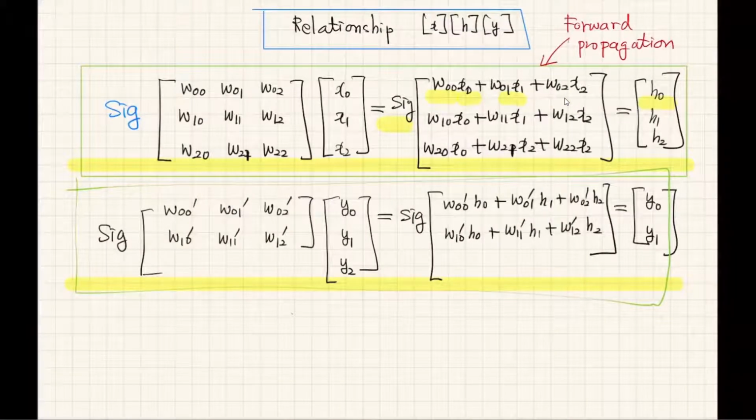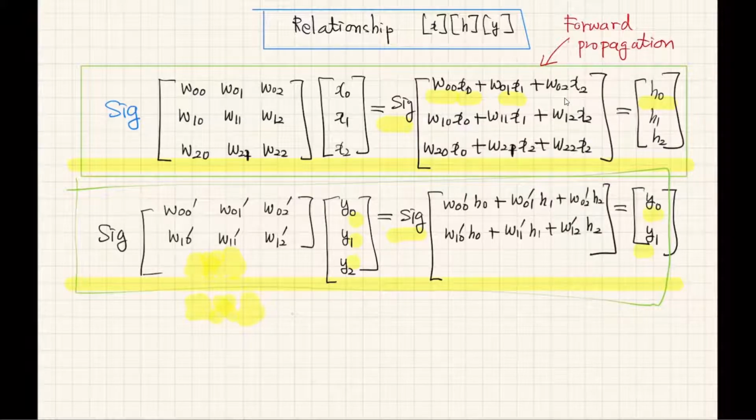But in the case of this matrix, because the hidden layer number is 3, we have three columns, and we have two output vectors. That is, we have two rows. So this becomes a 2 by 3 matrix here. This matrix multiplication will be the input of the sigmoid function, and the output will be y0 and y1.